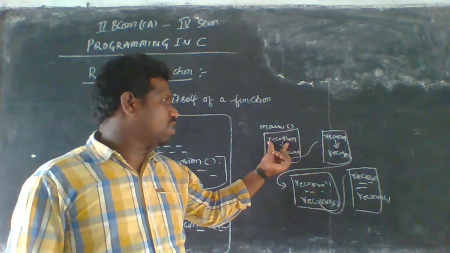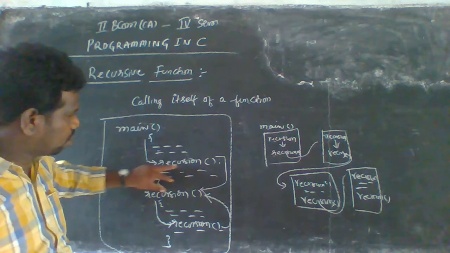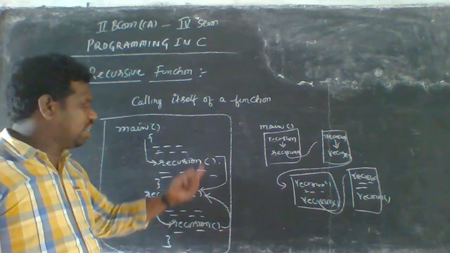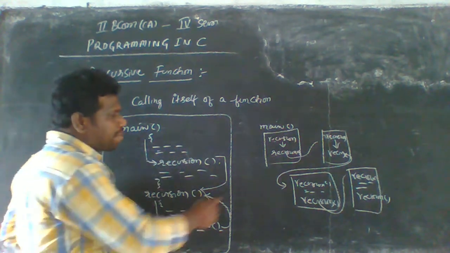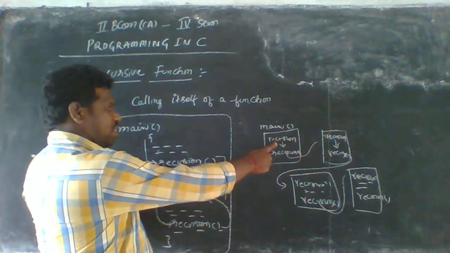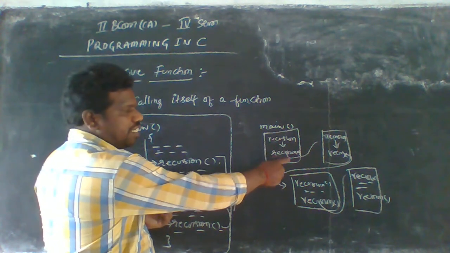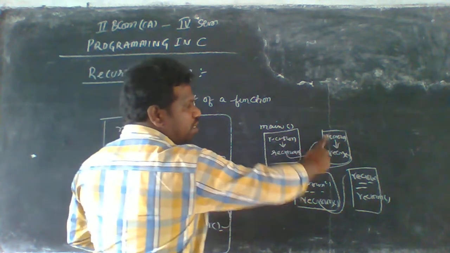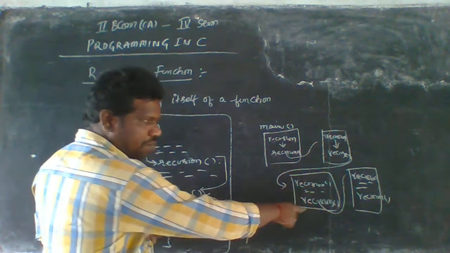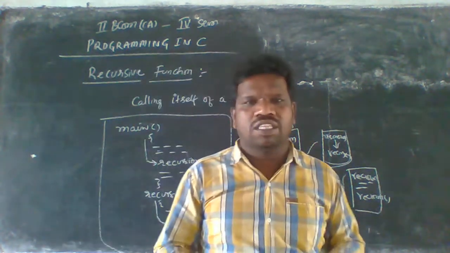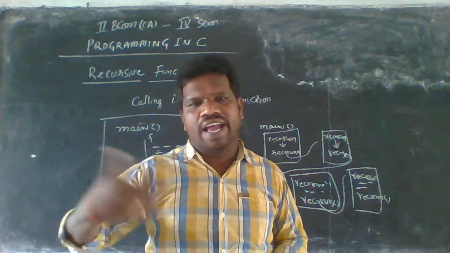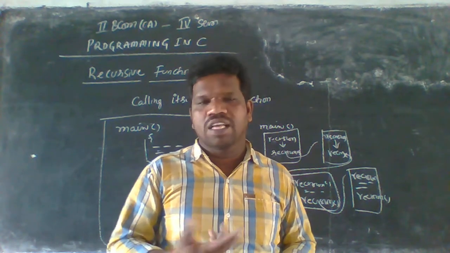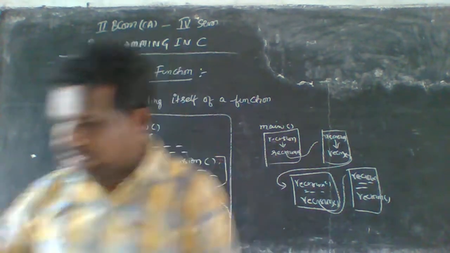The main function executes the recursion, and recursion executes the recursion again, repeating and coming back here. This function again executes the same process, and at one stage the function will be stopped, because of the condition.